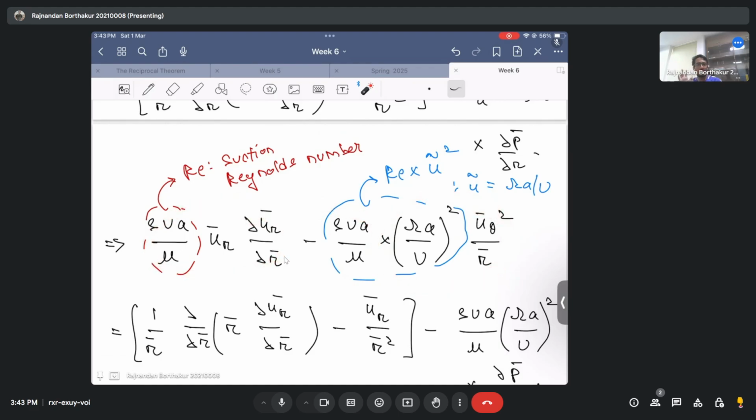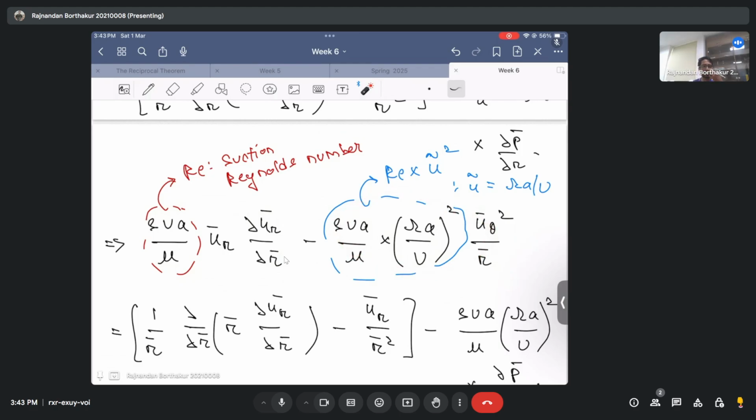So this gives us a sense of how much one mechanism dominates over the other. The other way around, if the suction is stronger with respect to the rotation of the cylinder, then this term will become very small, which means the other term will dominate more.